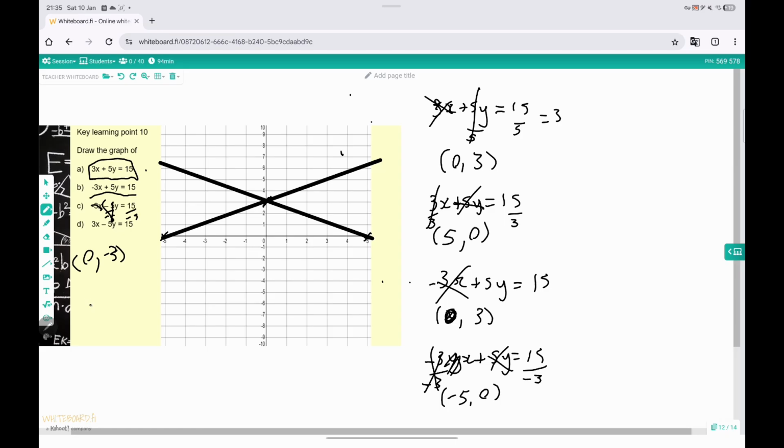If we do that same one again, minus 3x minus 5y equals 15, and this time we fix y at 0, then we solve minus 3x equals 15. I'm not going to do the full thing anymore. We get minus 5, 0. So our 2 coordinates are 0, minus 3, which is here, and minus 5, 0, which is here.